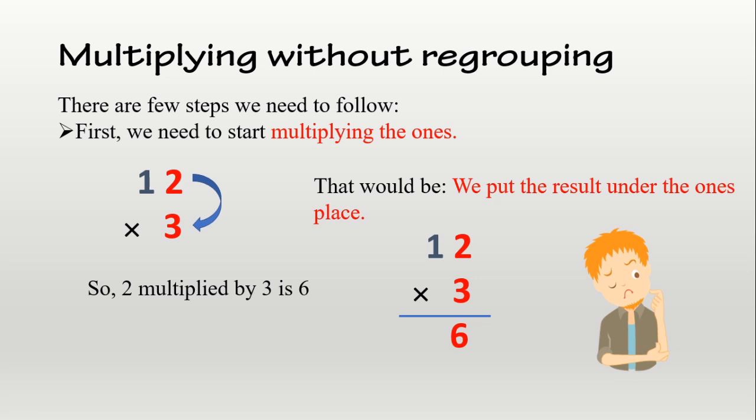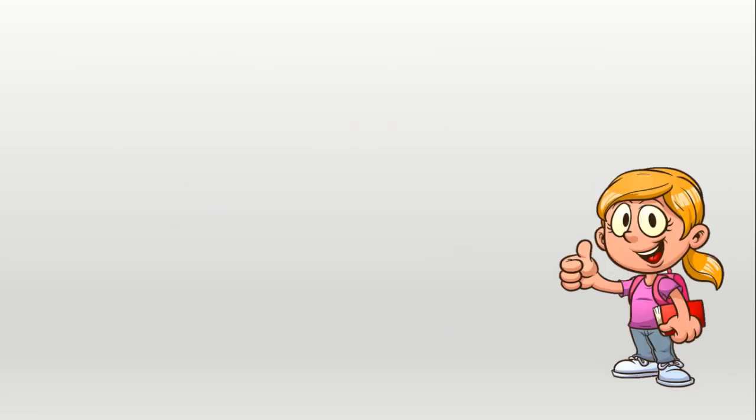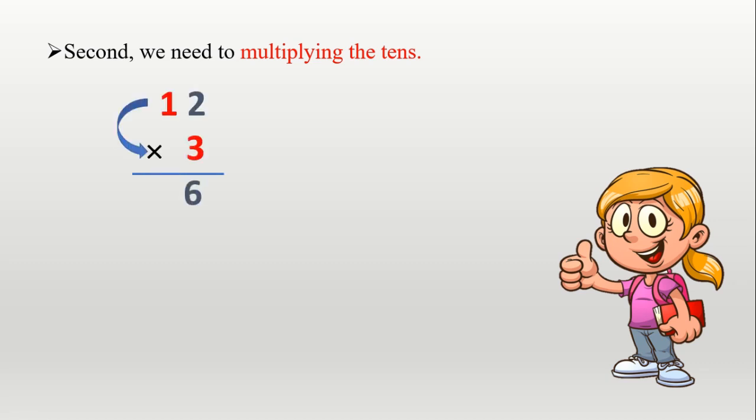Second, we need to multiply the tens. In the tens place value we have a 1, so we multiply 1 by 3 and get 3.